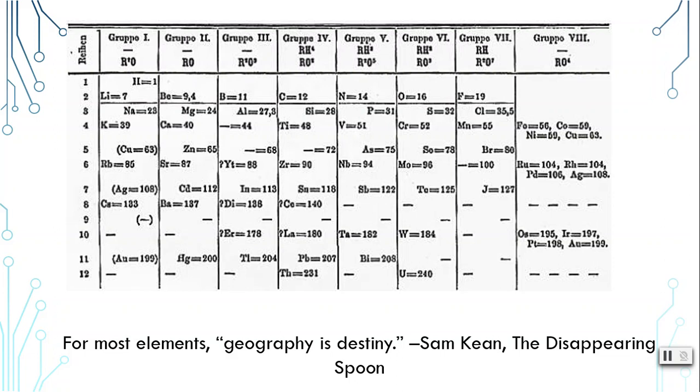He recognized it so much so that he even predicted where certain elements would lie based upon reactivities. We see that time and time again with the modern periodic table as well, which is that elements that are in the same column, which are groups, have similar reactivities and properties. Their geography is destiny. So this is Dimitri's periodic table.